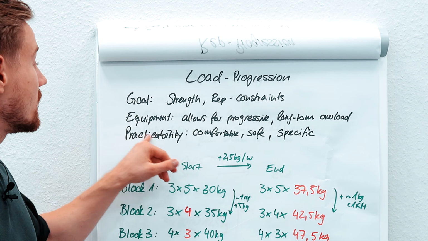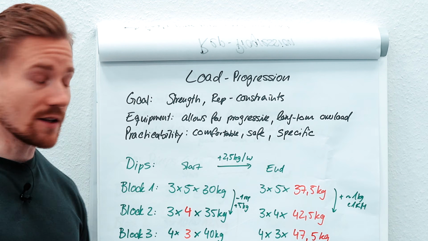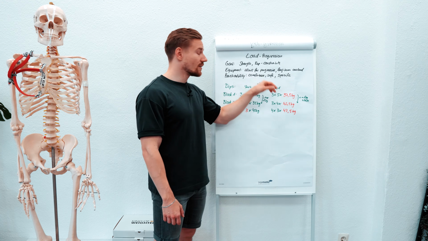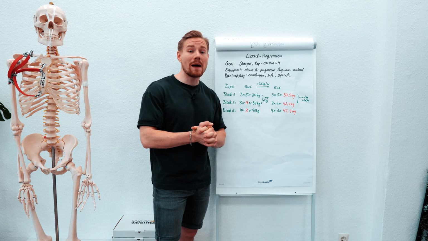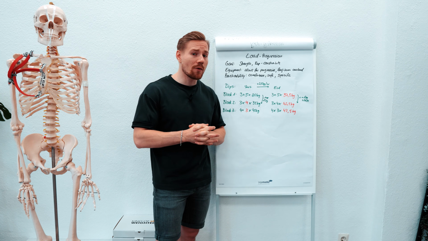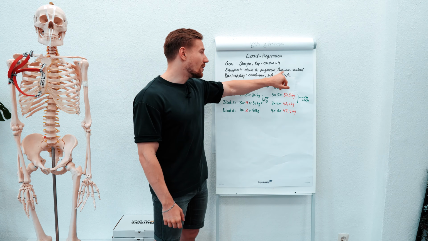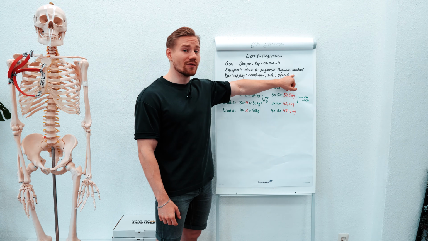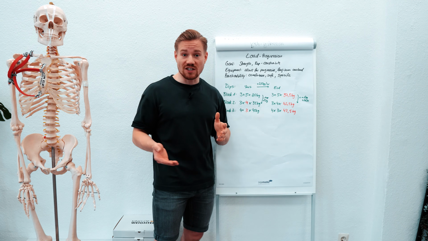Then practicability, it needs to be comfortable, safe, and specific. What I mean with comfortable and safe, a pretty good example for that: back in the days before the back squat came into the game of weighted calisthenics, we worked with a 1 rep max pistol squat. And that is very, very hard to progressively overload long term, and with long term, I mean over the course of years.